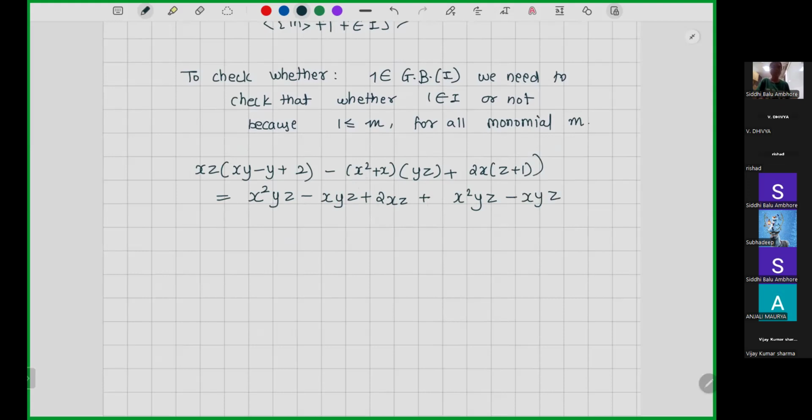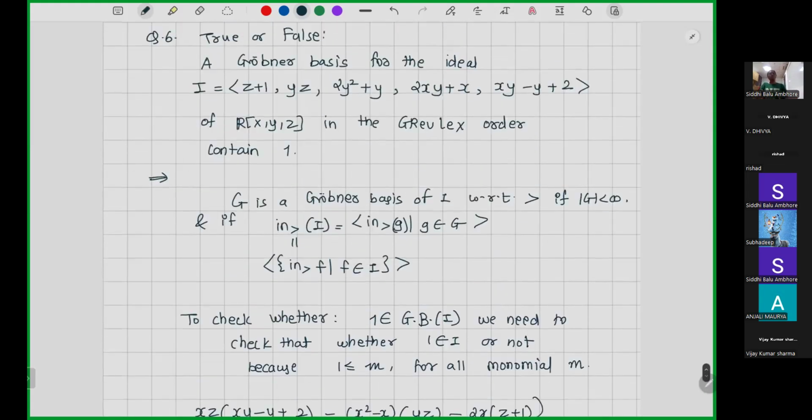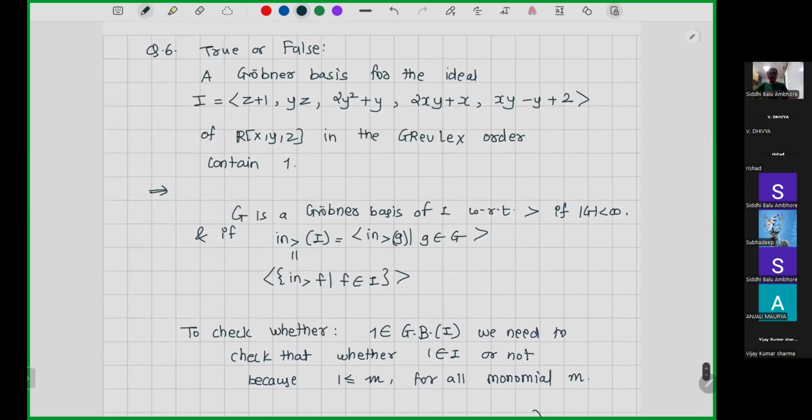Am I right? Let me just do something. Can you just show the question again? Yeah. We have to check whether one belongs to the Gröbner basis of this ideal or not.